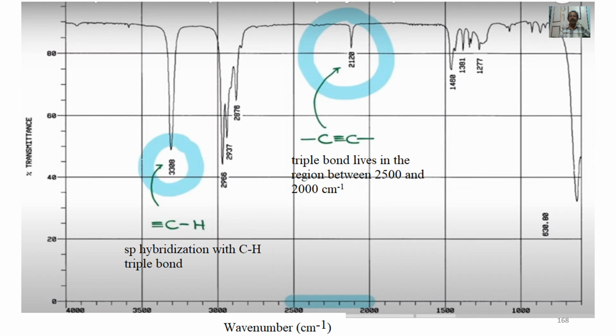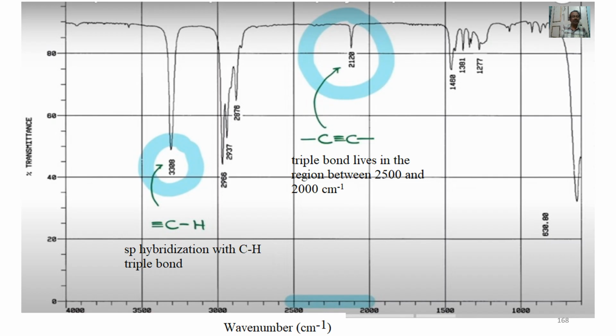Now look at the IR spectrum. The y-axis is percentage transmittance and the x-axis is wave number per centimeter. This is a C-H. As I said earlier, around 3000, to the left and right we have two peaks: one is sp2 hybridization, another is sp3 hybridization.